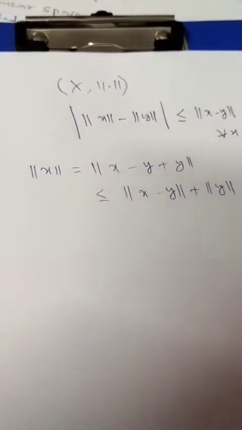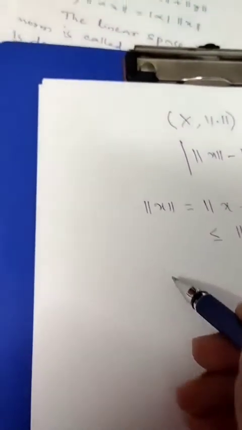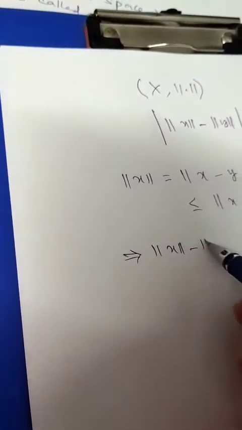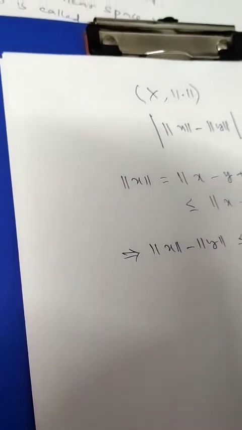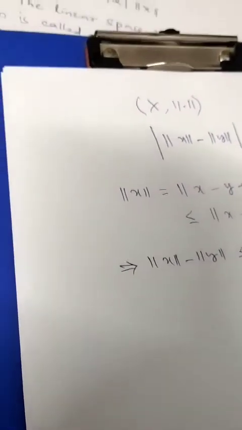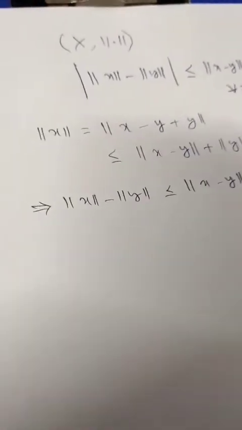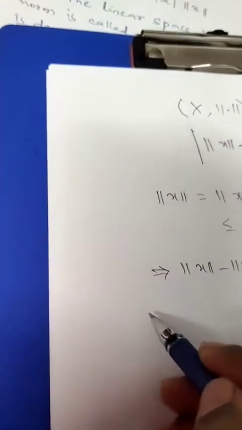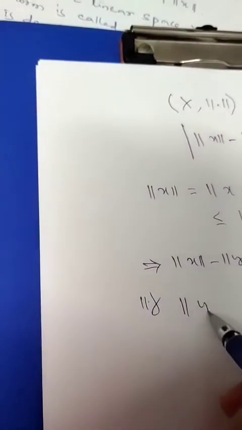So you can take the norm of y to the left, and this becomes the norm of x minus the norm of y is less than or equal to the norm of x minus y. You may call this equation 1. Similarly, interchanging the roles of x and y, we can see that the norm of y minus x is what?